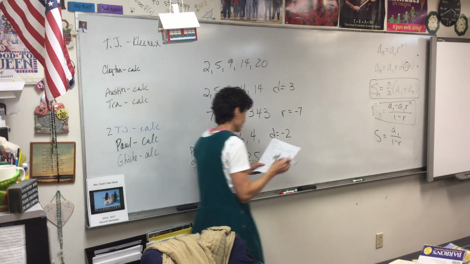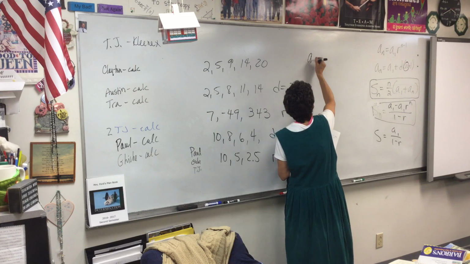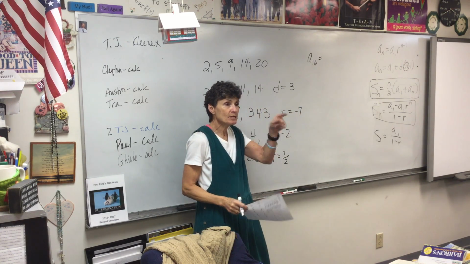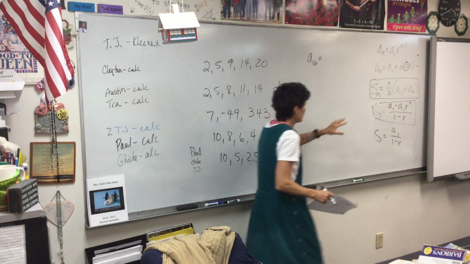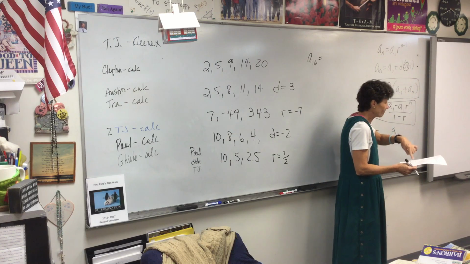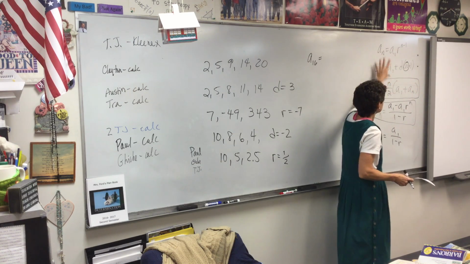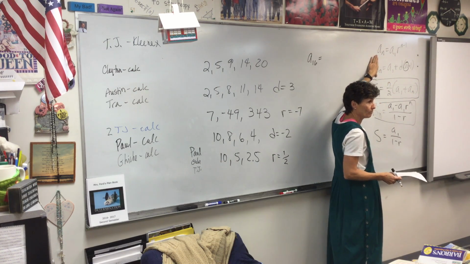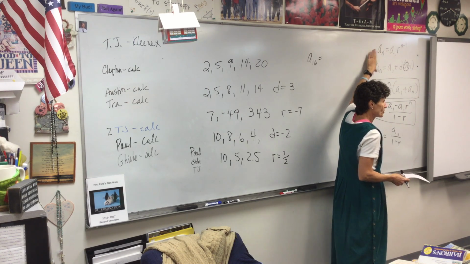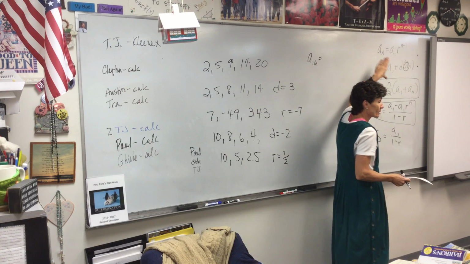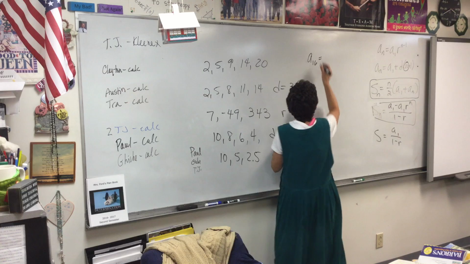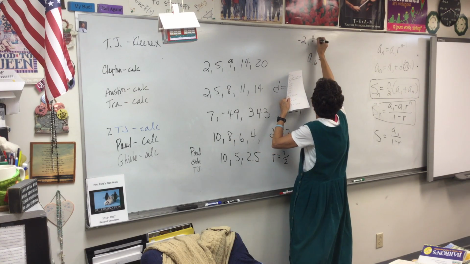All right, in the next section, number 2, find A sub 16. Now, absolutely nobody should be looking at these. This is going to be one of your term formulas. How do we know which one of these two to use? Whether it's arithmetic or geometric. Let's look at the numbers.